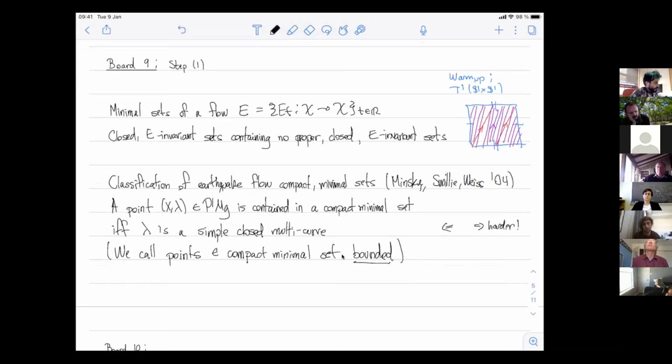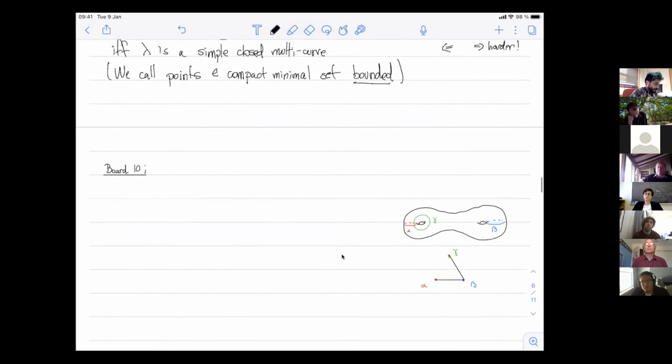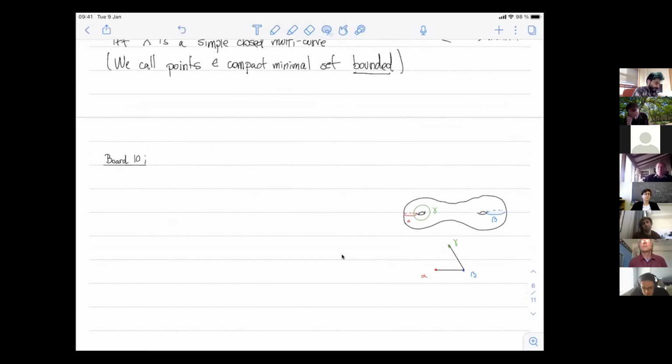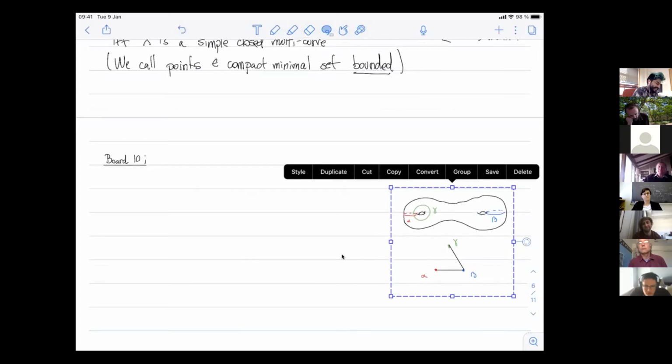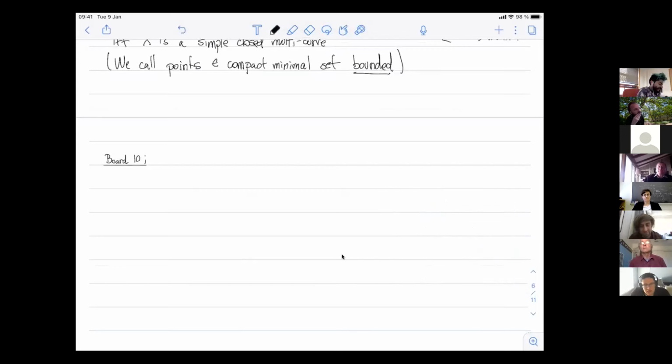And what I want to think about now is the following. Let's cut it up.